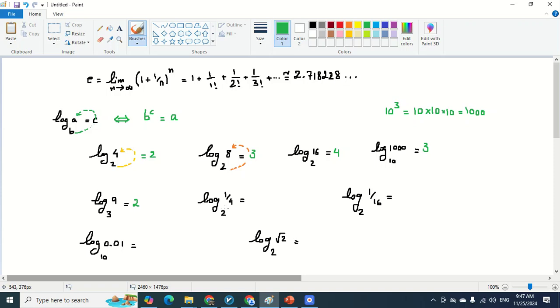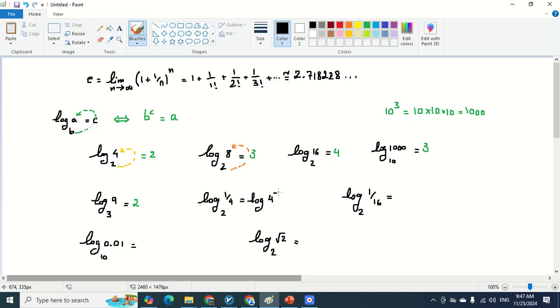The next case is a bit more complicated than the previous ones. We have log of 1 over 4 in a base 2. If we have a fraction like 1 over 4, we can invert the number with a negative exponent.